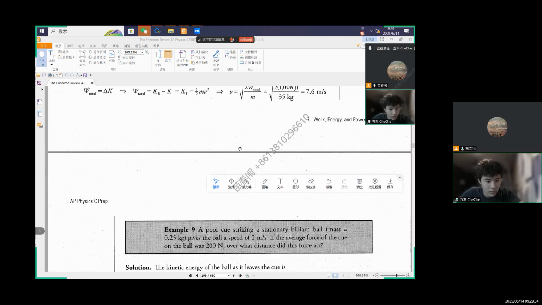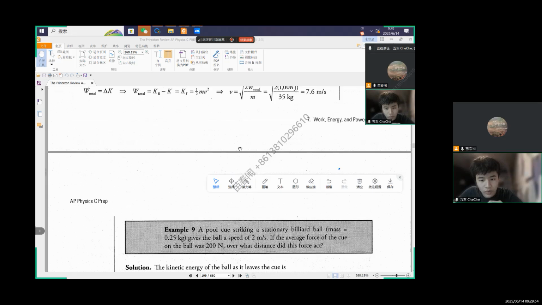Number 9. A pool cue striking a stationary billiard ball. Mass equals 0.25, gives the ball a speed of 2 meters per second.